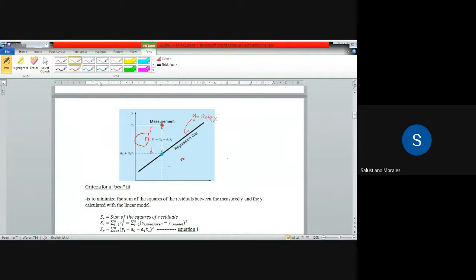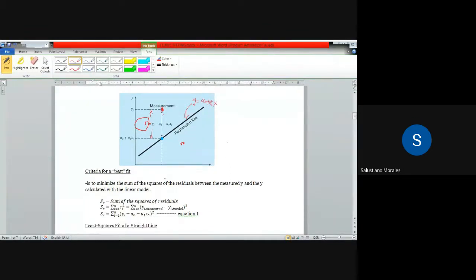Ang nakita nilang pinakamaganda is we take the sum of the squares of the residuals, which is the smallest value. So, i-minimize natin yan. And from there, we can generate now the line to represent those given data points by a straight line. So, yun ang ginawa dito.